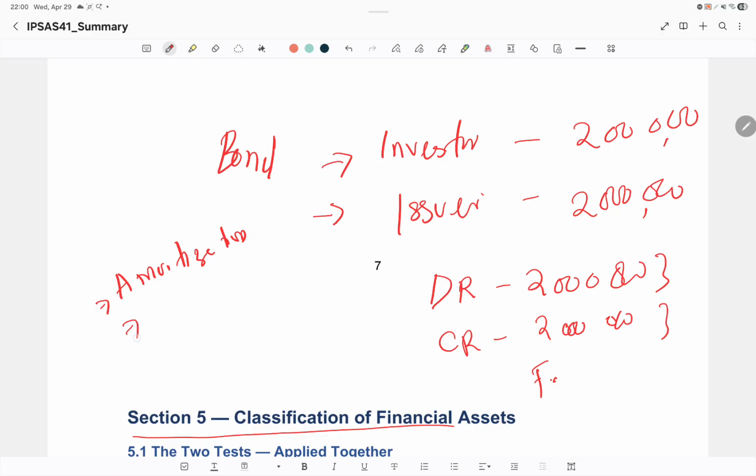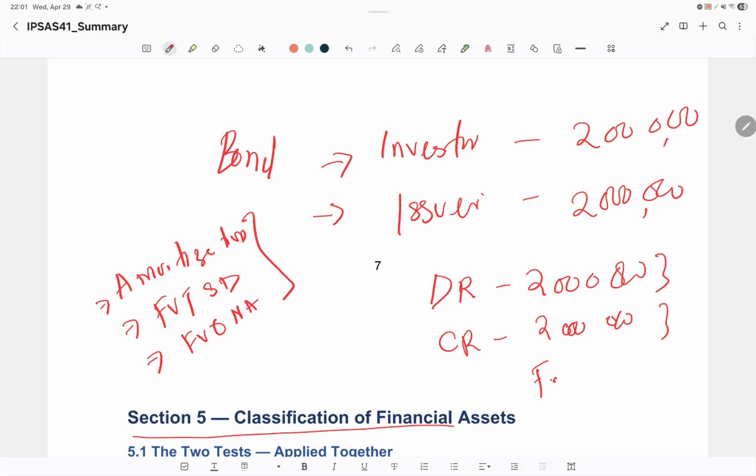The other way is fair value through surplus or deficit. Another way is fair value through net assets. So we normally use these three most of the times.